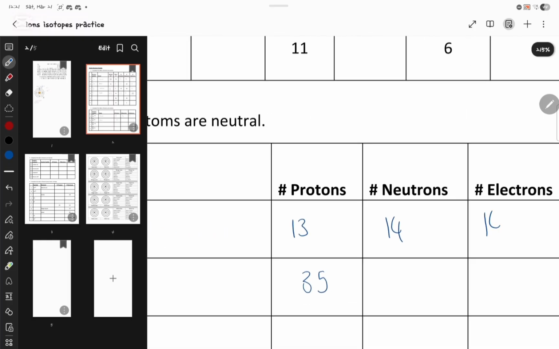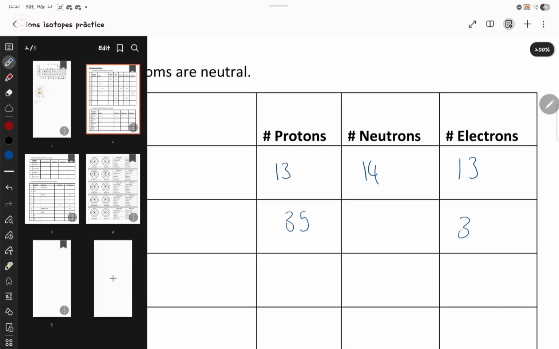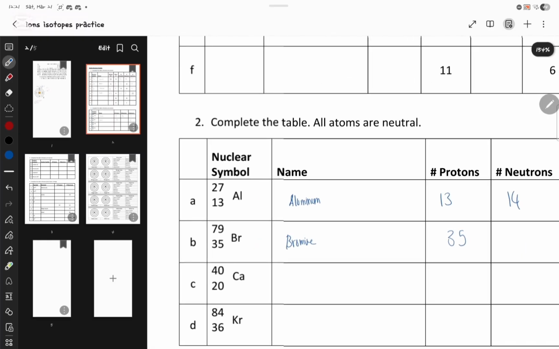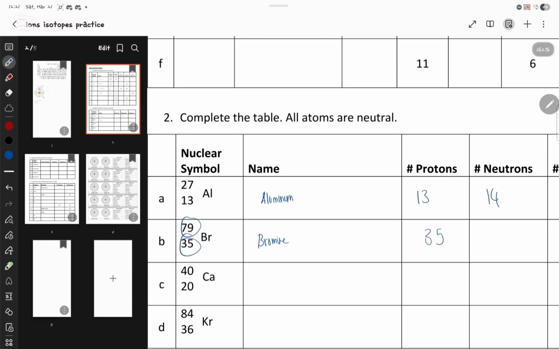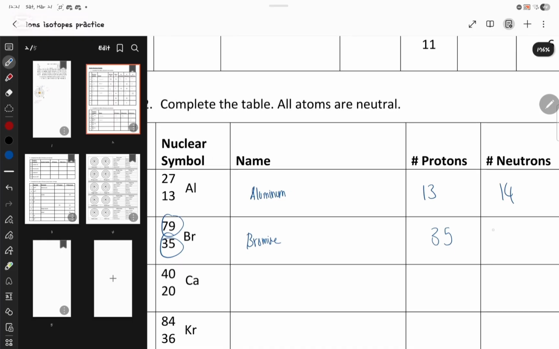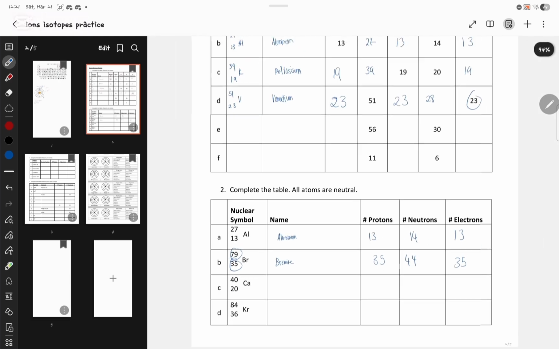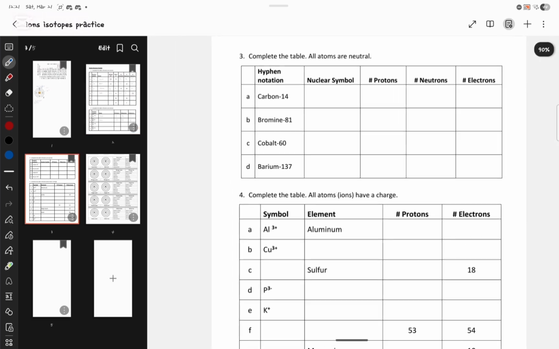Electrons, the same as protons, which is 13. Protons here, electrons, same thing here, and then we have 79 mass and 35 protons, so minus these two, as I said earlier, gives you 44. So that's done.